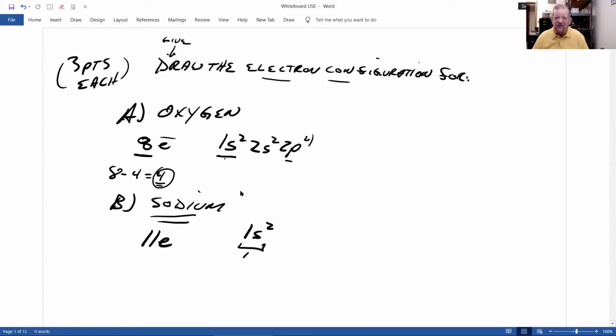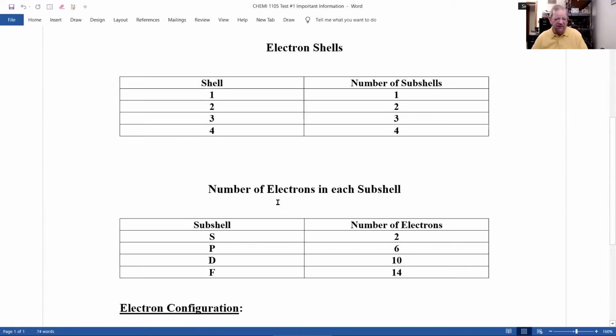And how do you know what's the next shell? Remember, this is the lowest energy. This is the highest energy. And we always fill lowest first and then go down. Same thing with the subshells. This is the lowest energy.